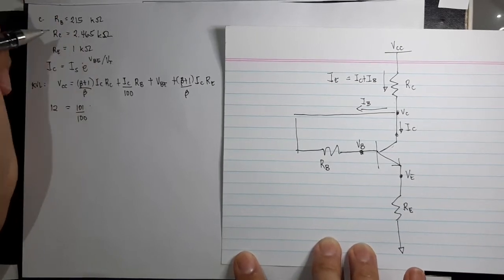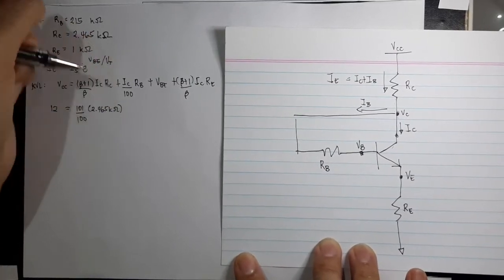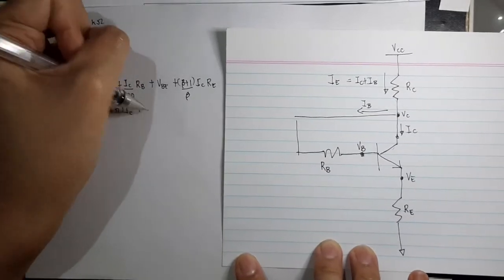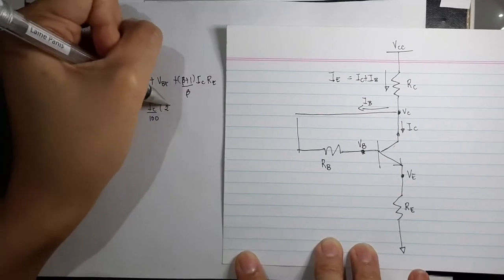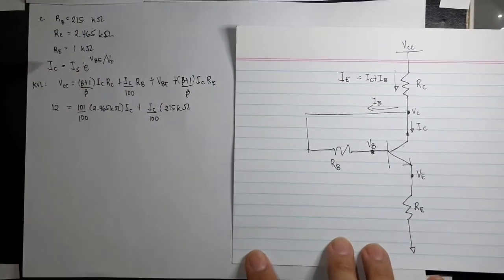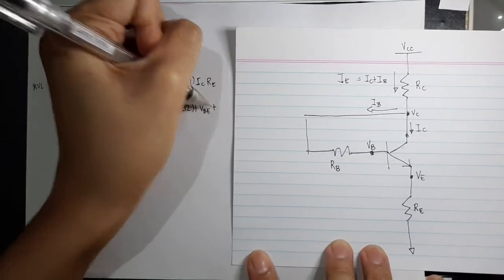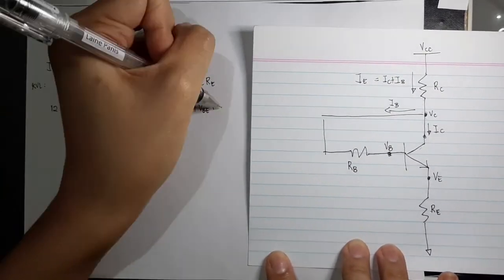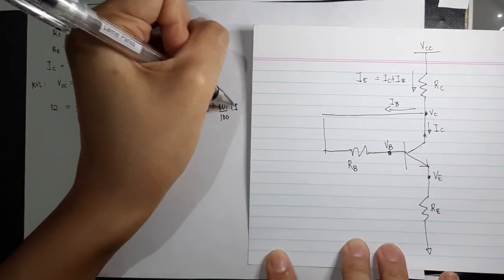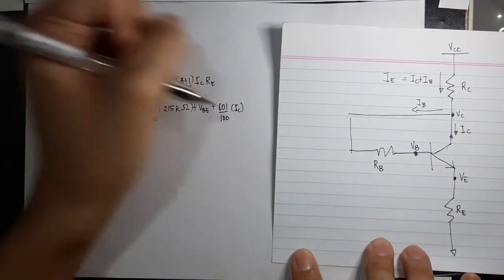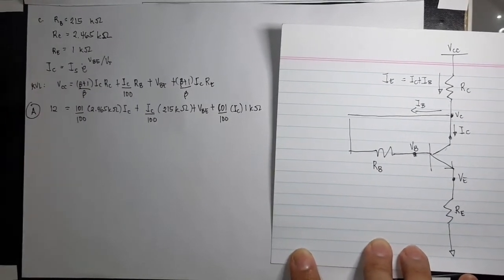So RC is 2.465 kilo ohms times yung IC plus IC over 100 times RB, 215 kilo ohms, and then we have plus VBE, another unknown, plus 101 over 100 IC times RE equal to 1 kilo ohm. So this, let's name this equation A.